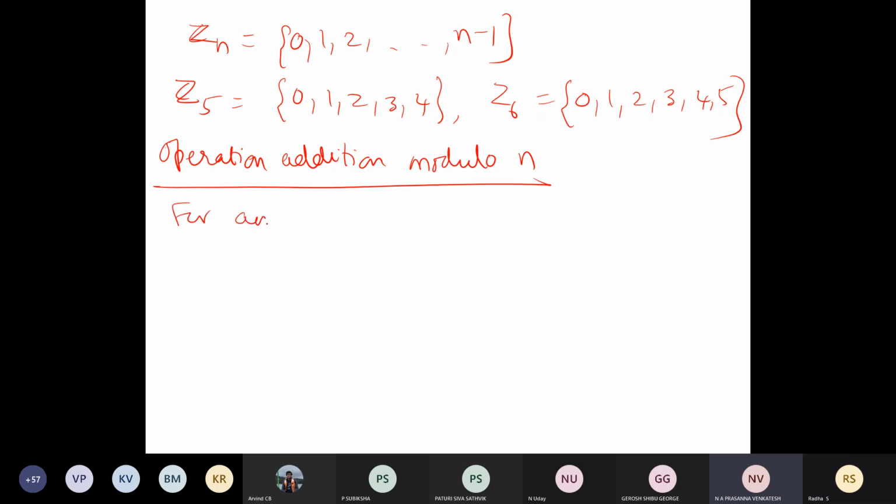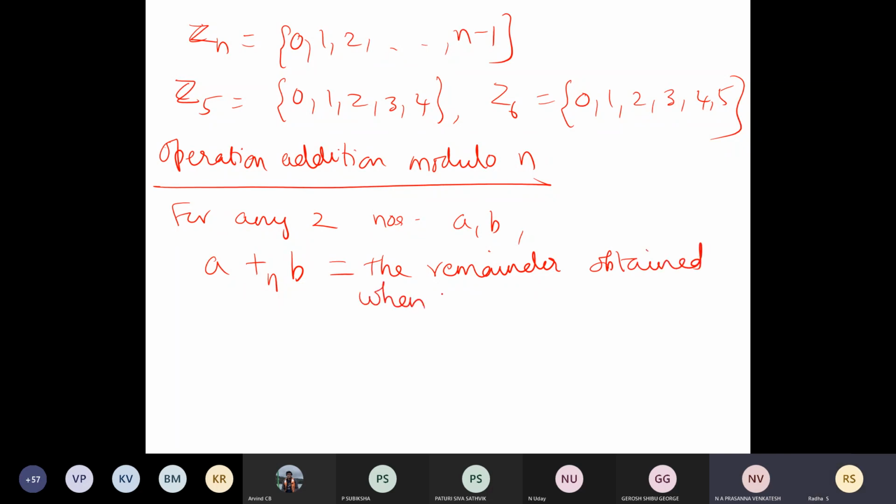For any two numbers a, b, maybe I'll take positive values, a addition modulo n b is nothing but the remainder obtained when a plus b is divided by n.